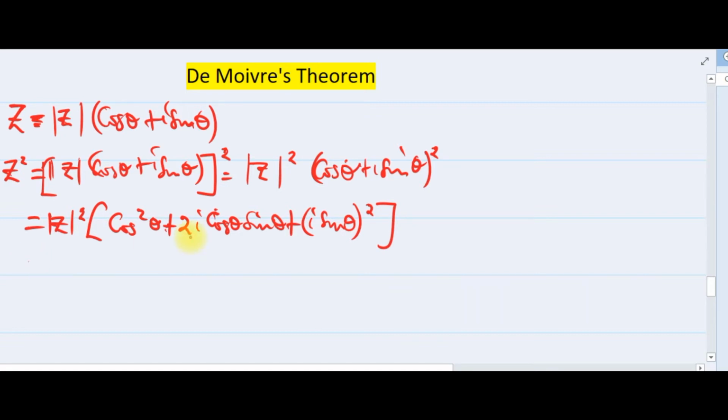Which is now cos squared theta plus i 2 sine theta cos theta.